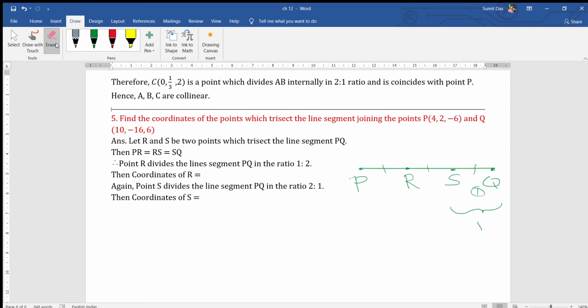First I'll take R, which divides in 1:2 ratio. Okay, that ratio I'll take. First I'll take R is dividing, this is 1 and this is 2, 1:2 ratio. So let's find out the coordinate of R.